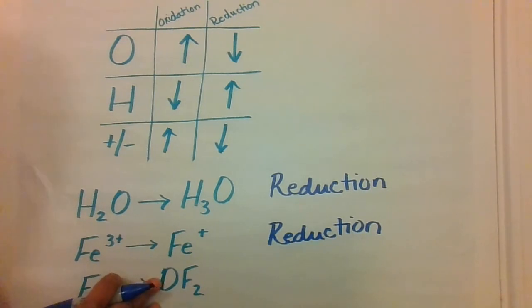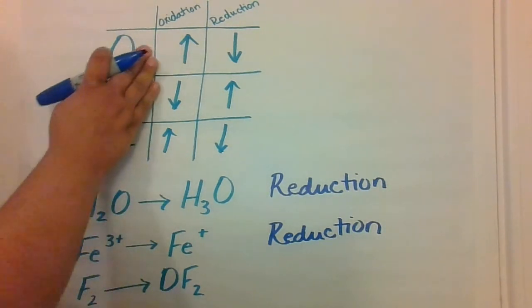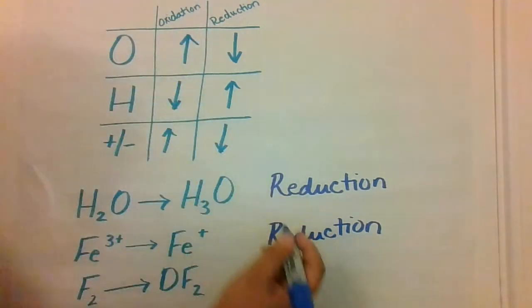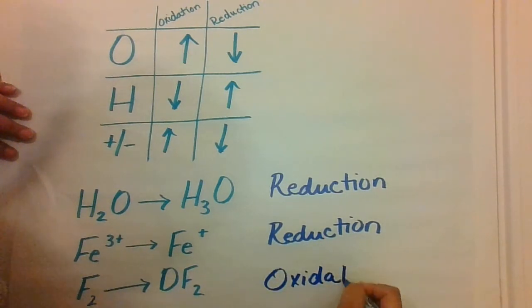And that element this time just so happens to be oxygen. According to our chart, if we have an increase in oxygen, it falls under the oxidation column. So F2 actually participated in an oxidation.